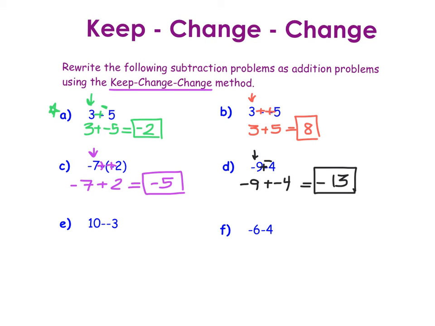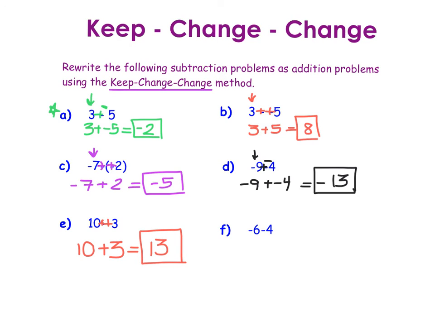Then from here, looking at example number 5, 10 minus a negative 3. We have 10, change it to a plus sign, and change the sign of the second number. So that becomes 10 plus 3. So 10 minus a negative 3 becomes 10 plus 3, which equals a positive 13.